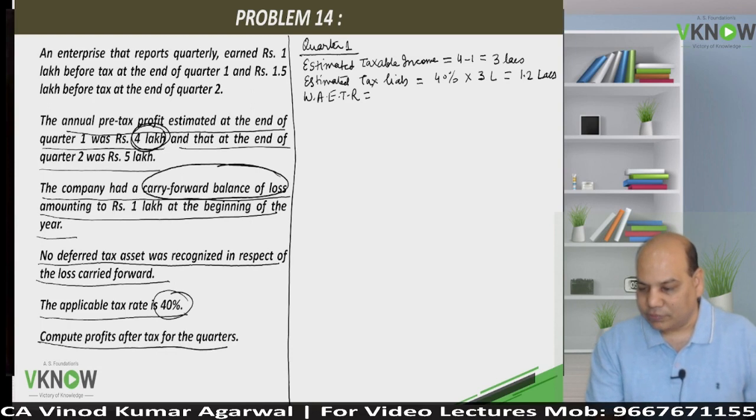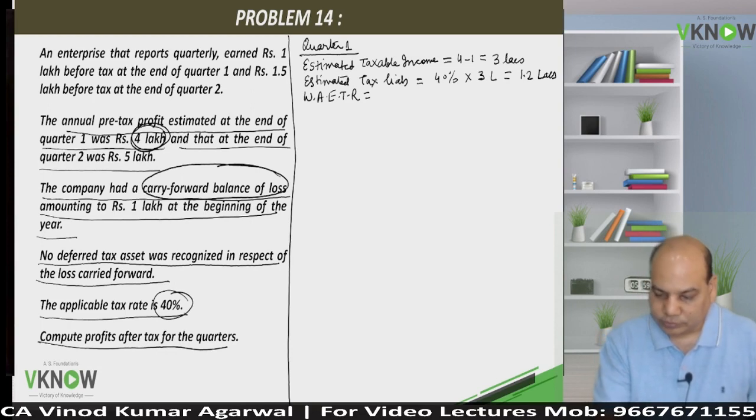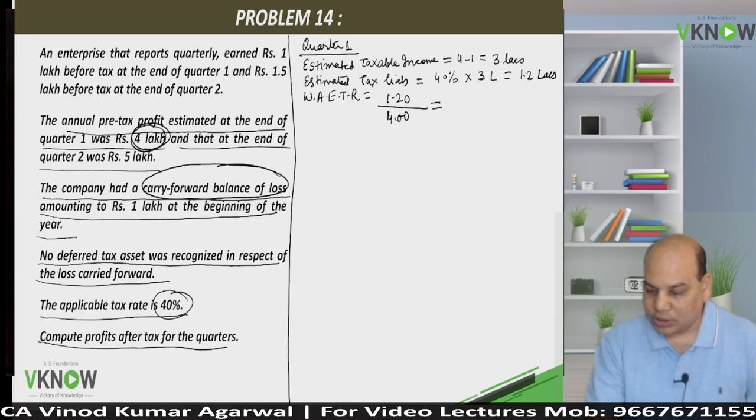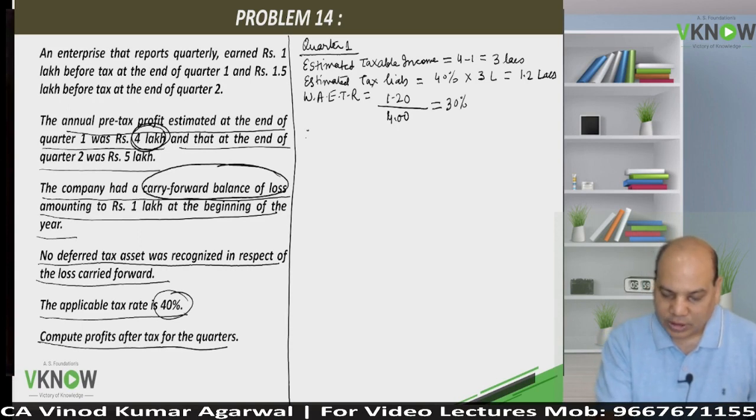Weighted average effective tax rate would be 1.20 lakh divided by my estimated normal income 4 lakh. The answer would be 30%.